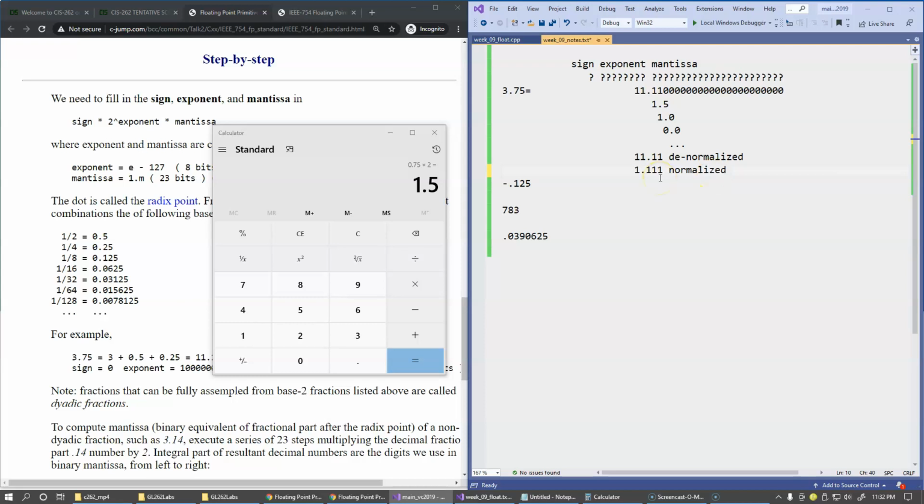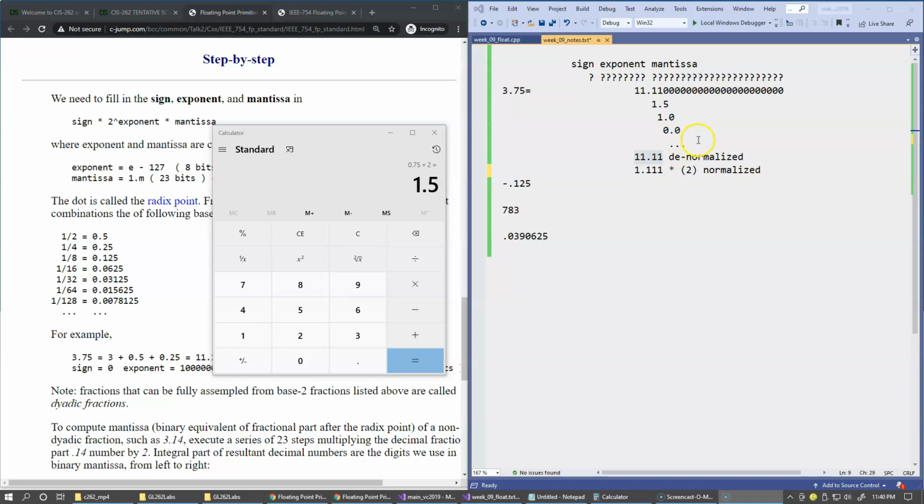In the normalized version of the binary fraction, the integral part is always 1. Now look at the radix point going from denormalized version to normalized. It shifted one position to the left. The meaning of this is that if we take the normalized fraction and multiply it by 2, and I'll use parentheses because this 2 is like decimal, it will become 11.11 again.